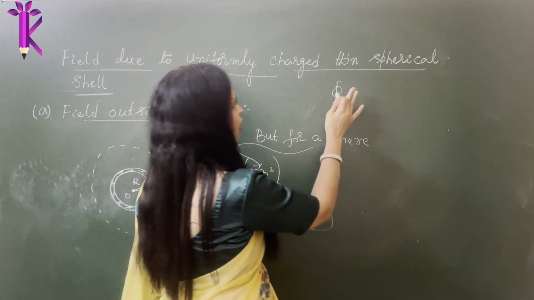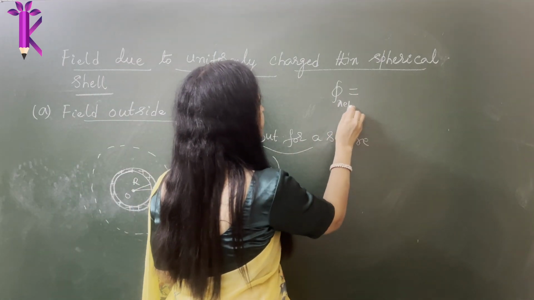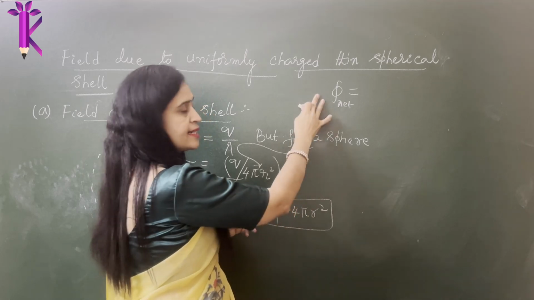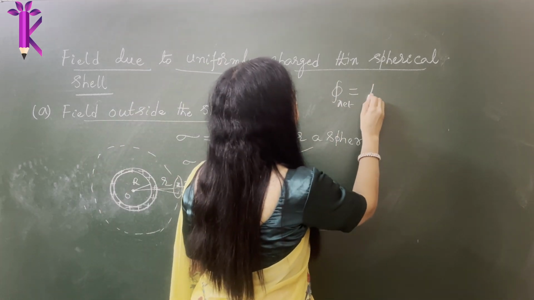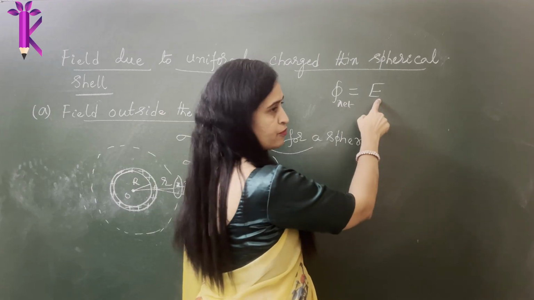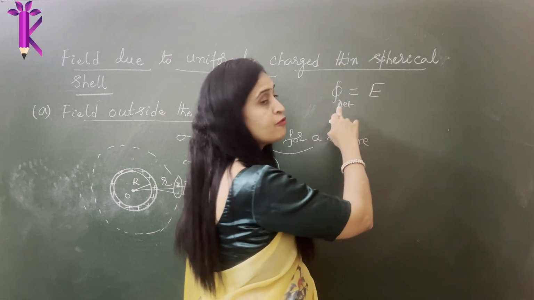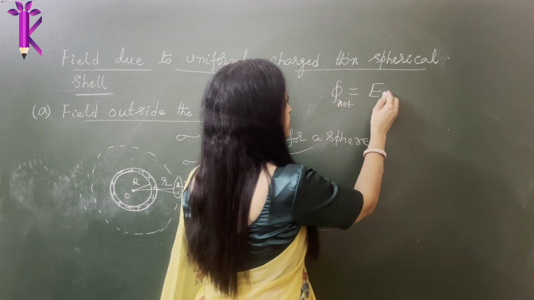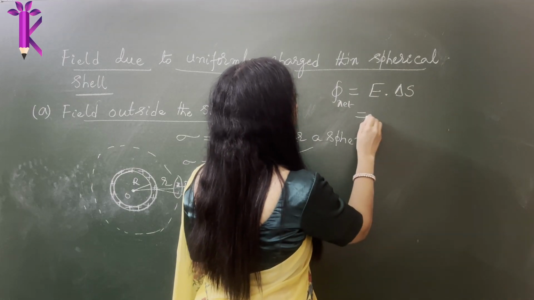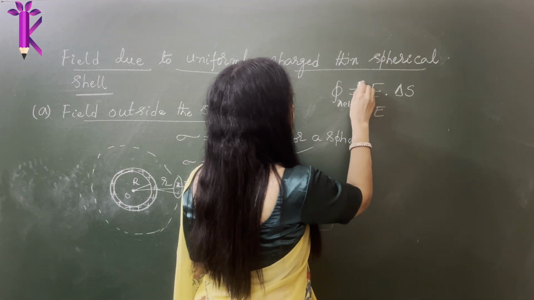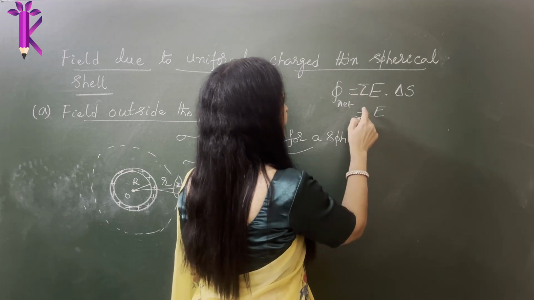According to Gauss law, the net flux is given by, what is the definition? By definition of flux, we know that flux is given by E dot delta S, right? But you have to add all the areas, so it is the sum of E dot delta S.